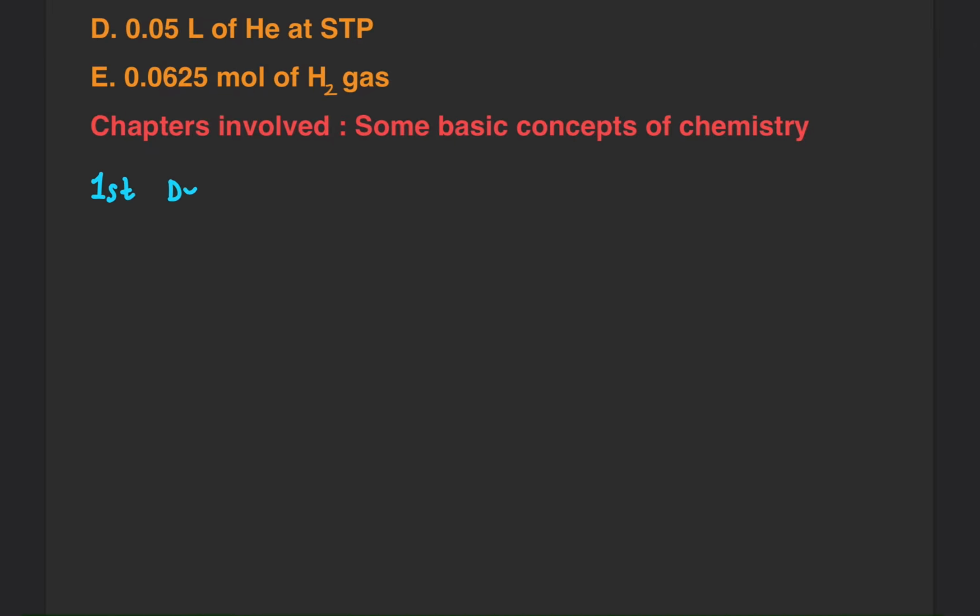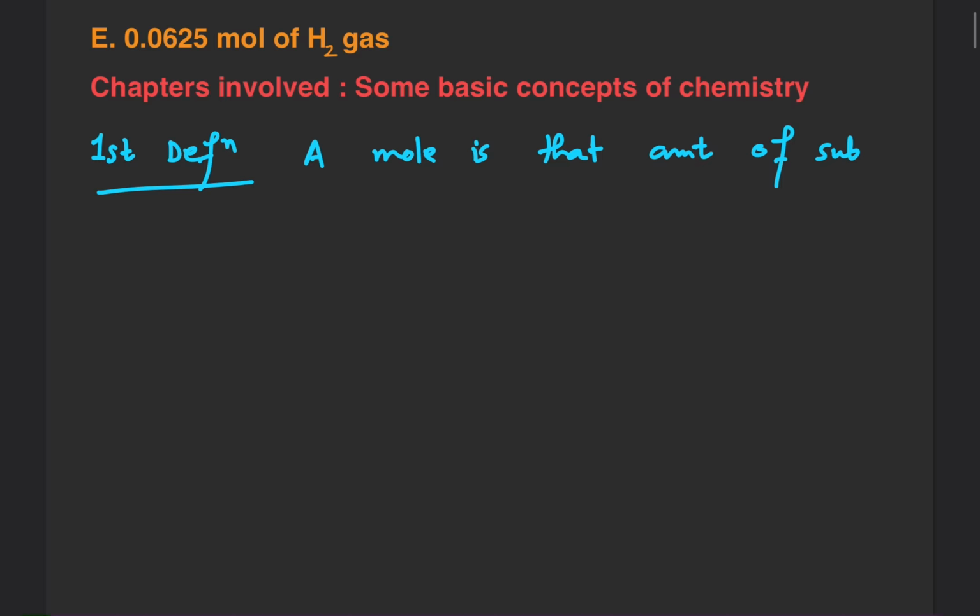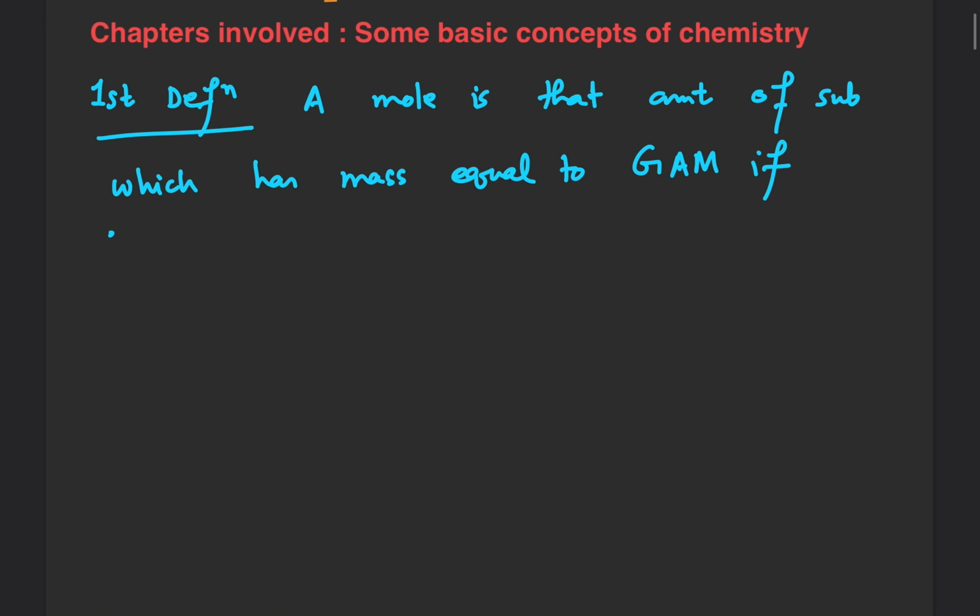The first definition is: a mole is that amount of substance which has mass equal to gram atomic mass if the substance is atomic, or gram molecular mass if the substance is molecular.